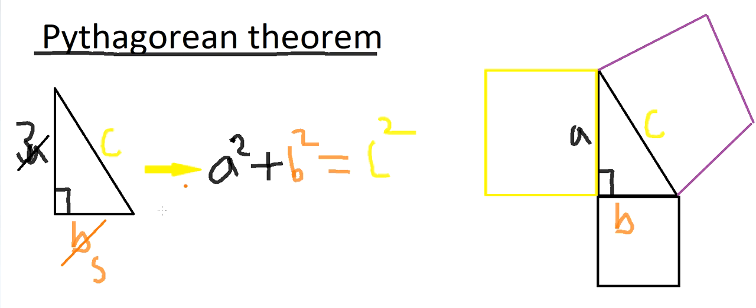I apologize, I said 5, your B is 4. What's your value of C? So let's use this theorem here. You have 3 squared plus 4 squared is equal to C squared.